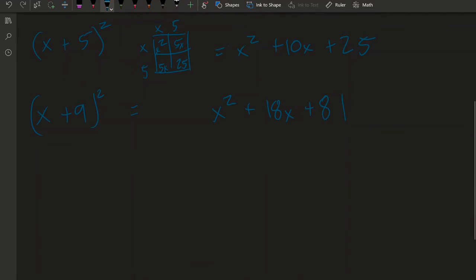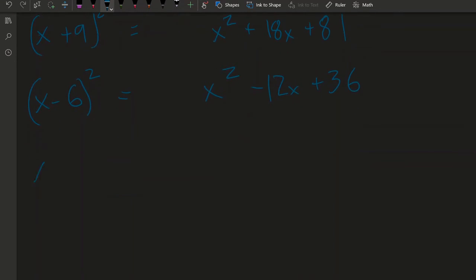Could we do x minus 6 squared in our head? That should be x squared minus 12x plus 36. Could I do x minus 12 squared in my head? Sure, that's x squared minus 24x plus 144.